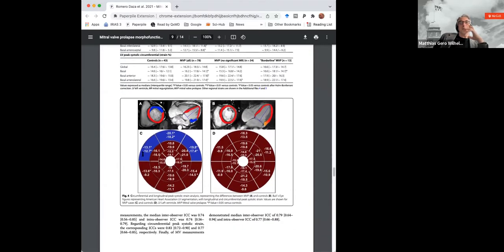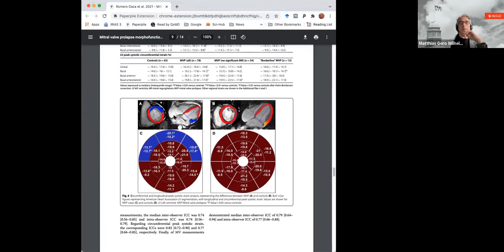And you can also see in blue here the abnormal regions. So that's the AHA segments number 1, 2, and 6. So the anterior basal wall, including the lateral, are significantly affected.